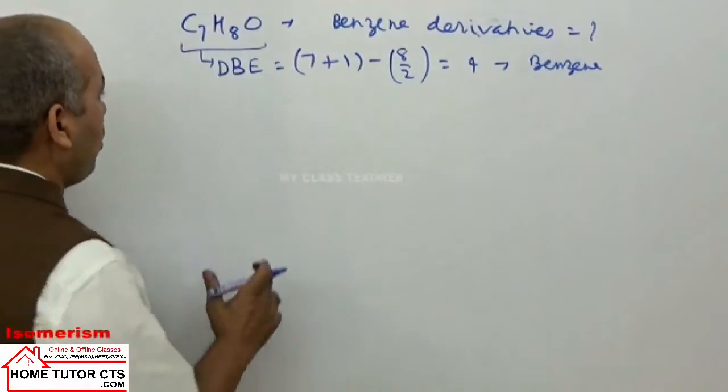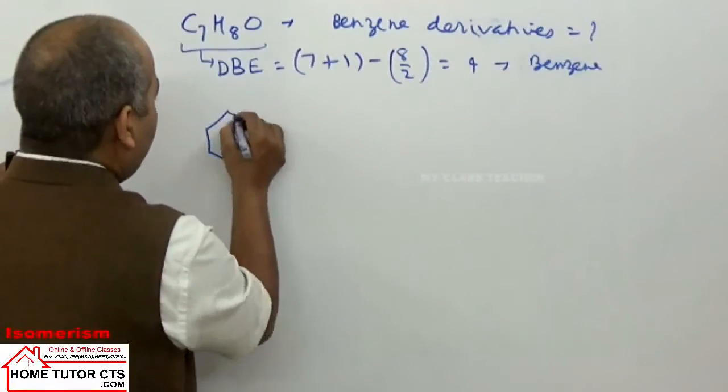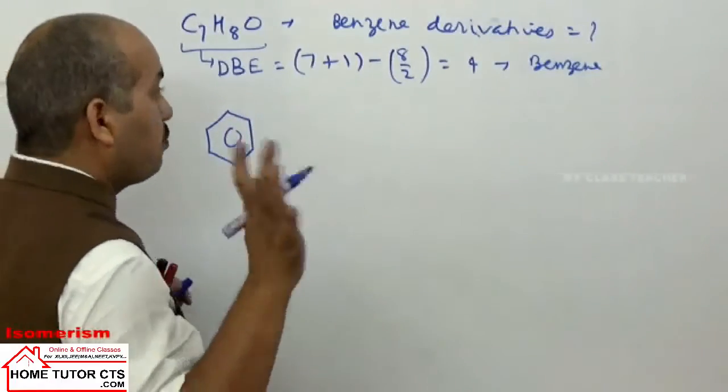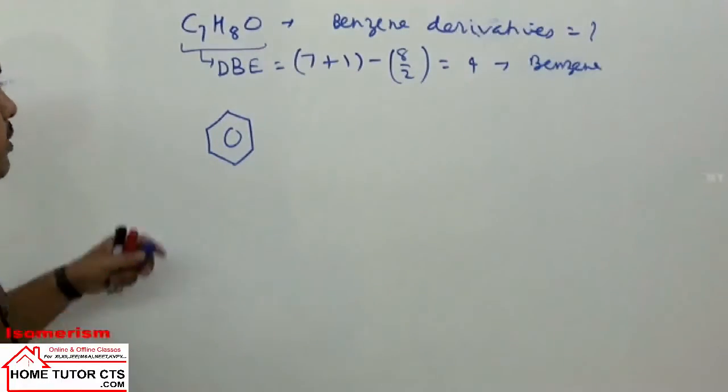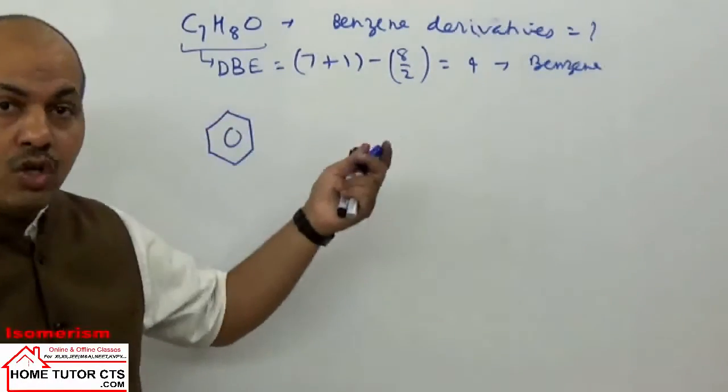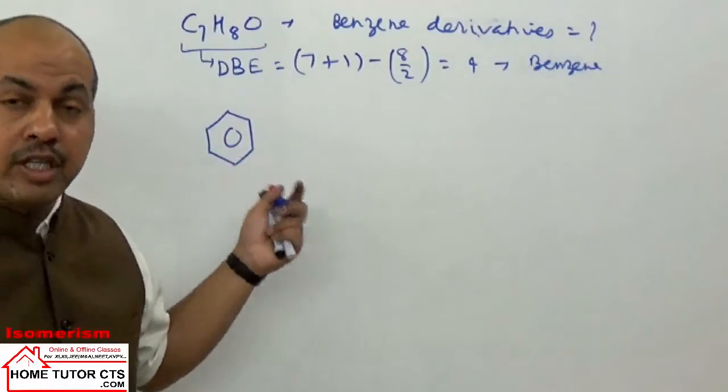So for this formula, we can draw benzene. Benzene alone has 4 double bond equivalents. That means the compound has no additional ring or additional double bond in the side chains.